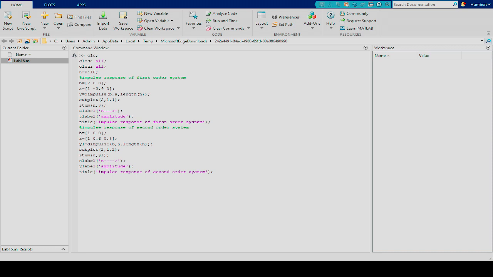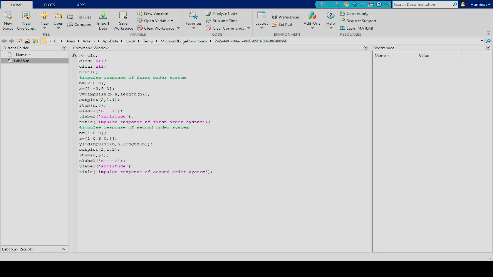As you can see, for the impulse response of the first order system, here 1, 1 and 0.5, 2 and negative 2.5, 4 and 6.